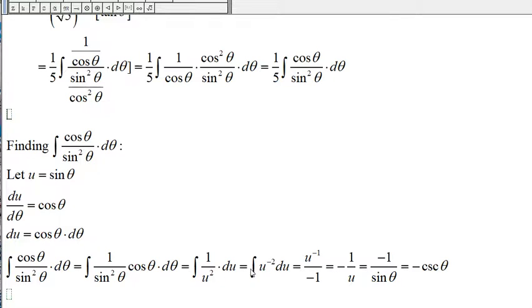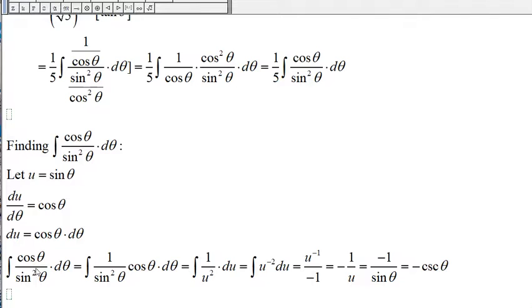The antiderivative of U to the negative 2: add 1 to the exponent. Negative 2 plus 1 is negative 1, and then dividing by negative 1. But U to the negative 1 is 1 over U, and then we have a negative, so that's how we get negative 1 over U. U is sine of theta. 1 over sine of theta is cosecant of theta.